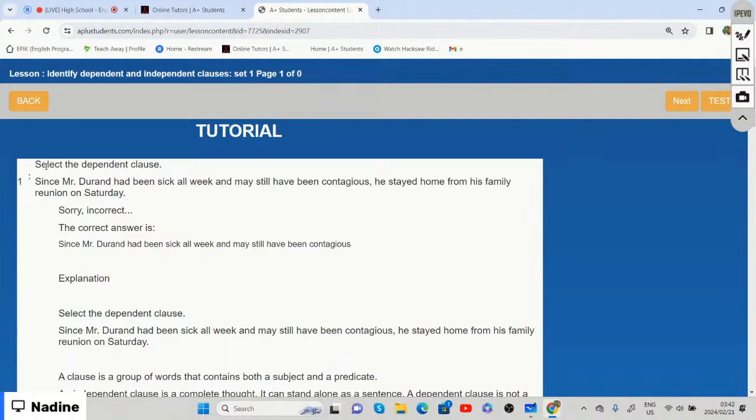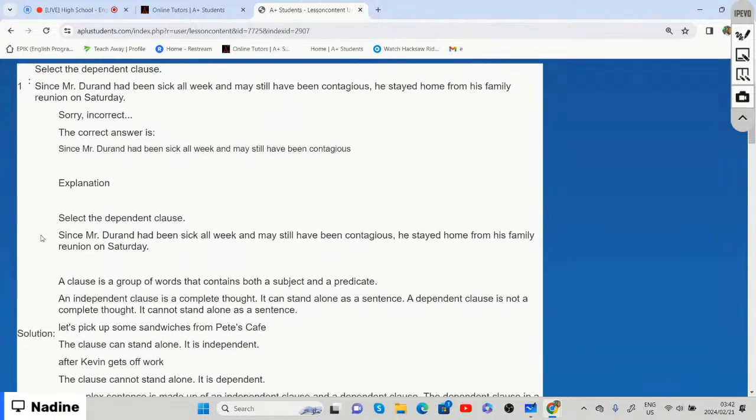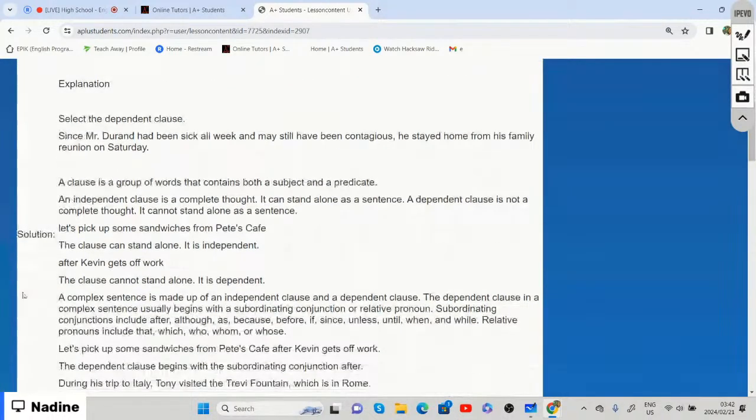And we said that, of course, a clause has both a subject and a predicate, in dependent and independent clauses. A dependent clause usually begins with a subordinating conjunction. And remember, there's a difference between subordinating conjunctions and coordinating conjunctions.